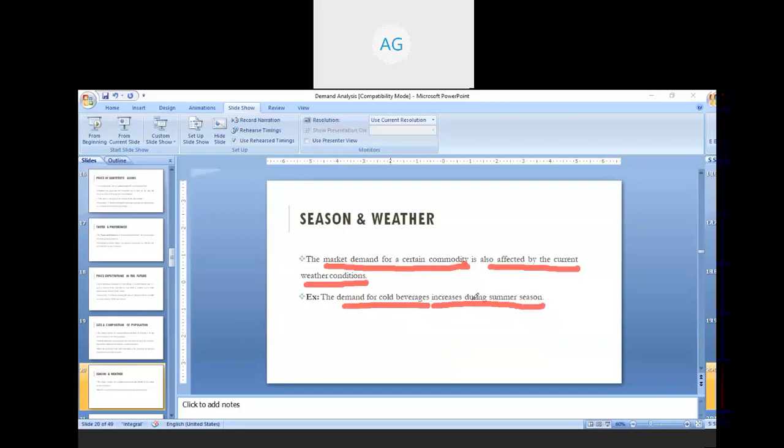As all of you are fond of ice creams and cold drinks in the summer, the demand for cold beverages obviously increases in the summer season. So the demand of that item is also dependent on the season and weather conditions. Moving to the next slide.